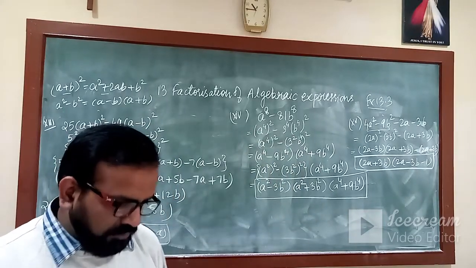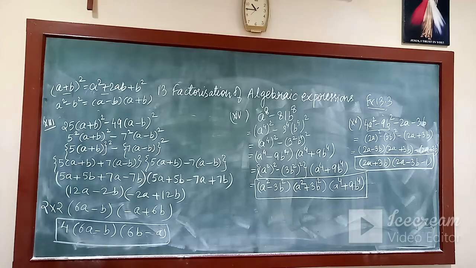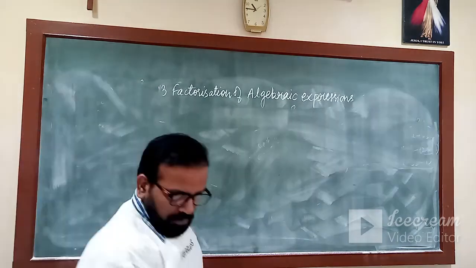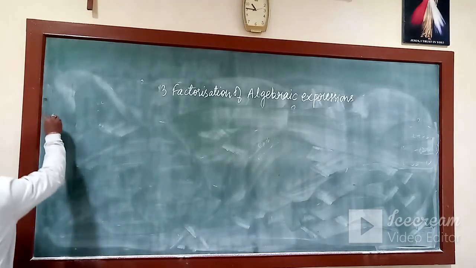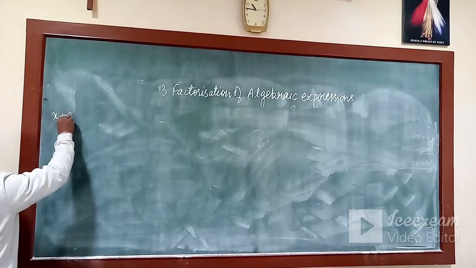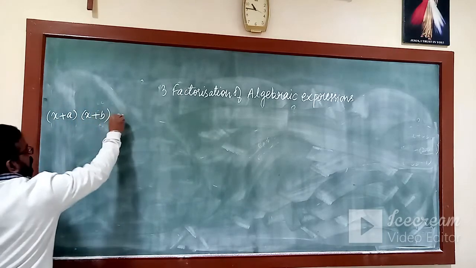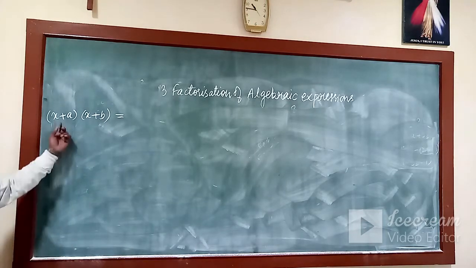Okay, so that's the end of this exercise 13.3. Now we will see the factorization using the identity. So far we have studied two identities. Let's see one more identity: (x plus a) into (x plus b). Suppose we have to multiply these two expressions.